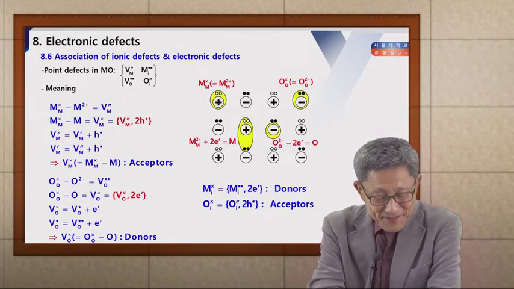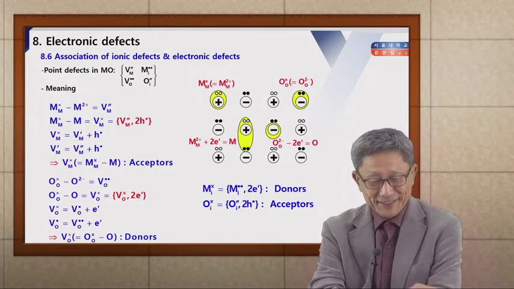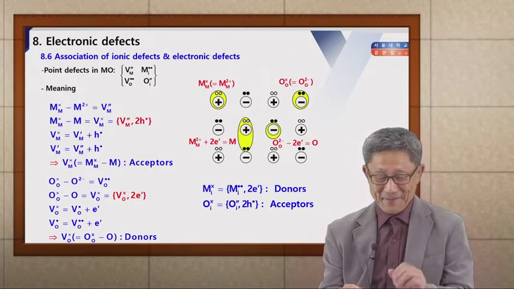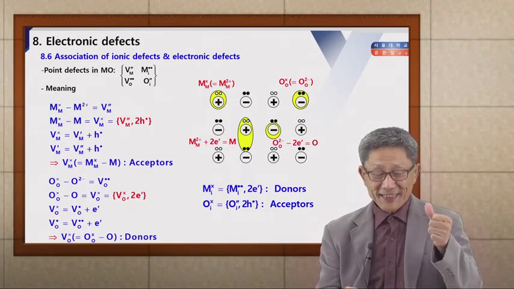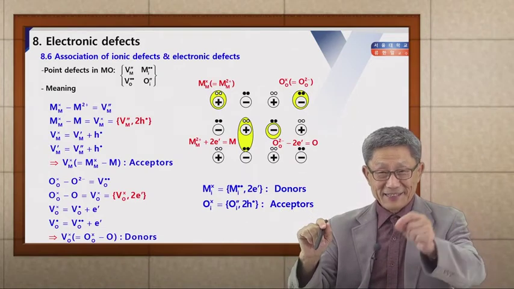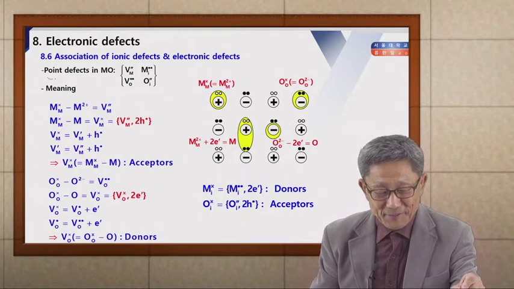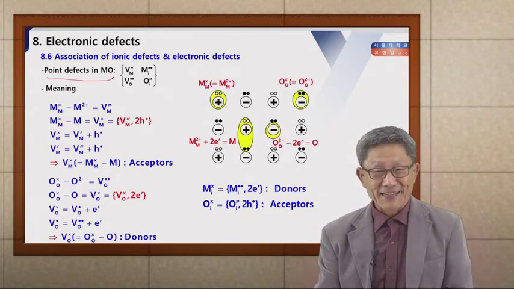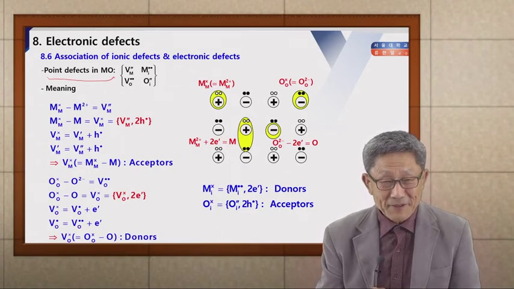Now we are at the stage to understand a bit more complicated cases. Up to now, you learned intrinsic electronic defects, electrons and holes, and then donors and acceptors. Now let's go back to the point defects in ionic crystal MO. What kind of defects were there?